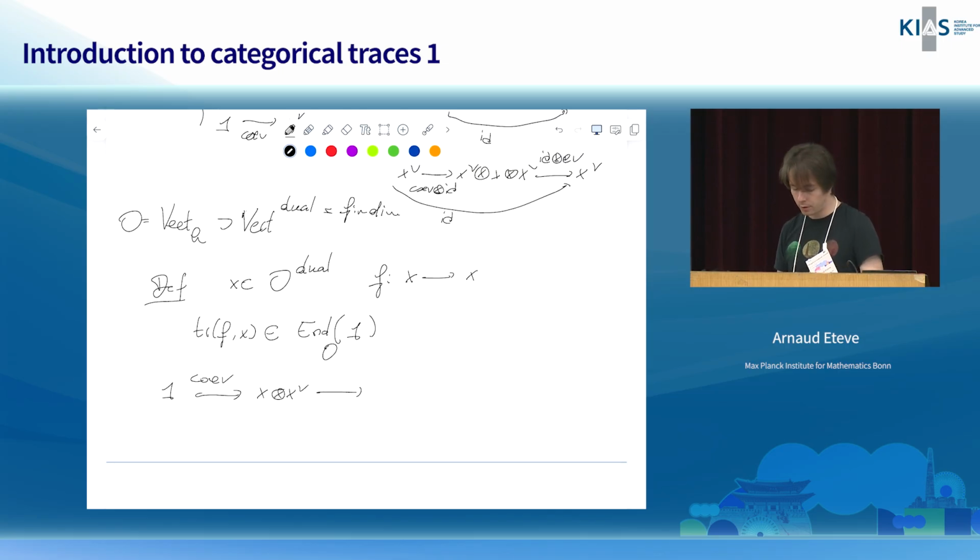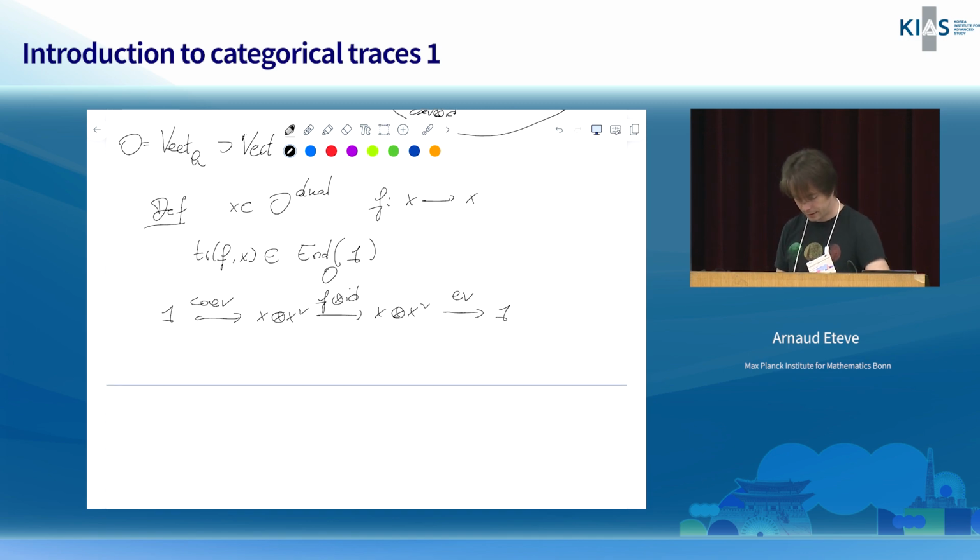So you go via coevaluation to X tensor X dual, you apply F tensor identity, and then you evaluate down to 1. And so the exercise is: if you take O to be the category of vector spaces, then this notion of trace is the usual notion of trace.